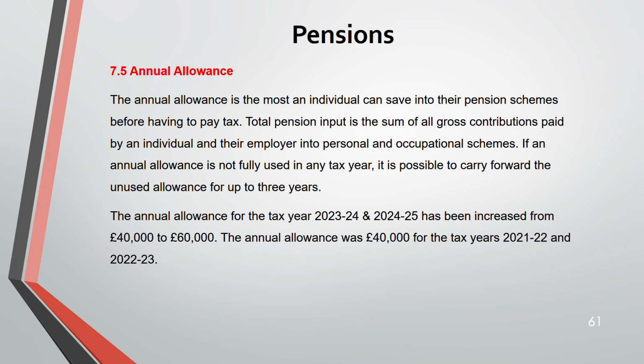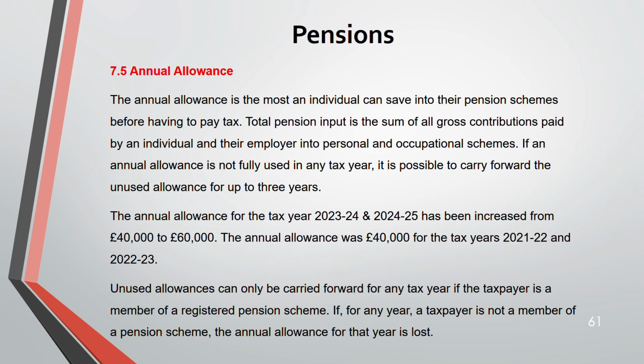So this is the area where change has taken place. That's why when you are going to take any tax exam, make sure that you are referring to the latest textbook with the latest Finance Act, not the previous one, because there are changes. Next, unused allowances you can carry forward for any tax year if the taxpayer is a member of a registered pension scheme.